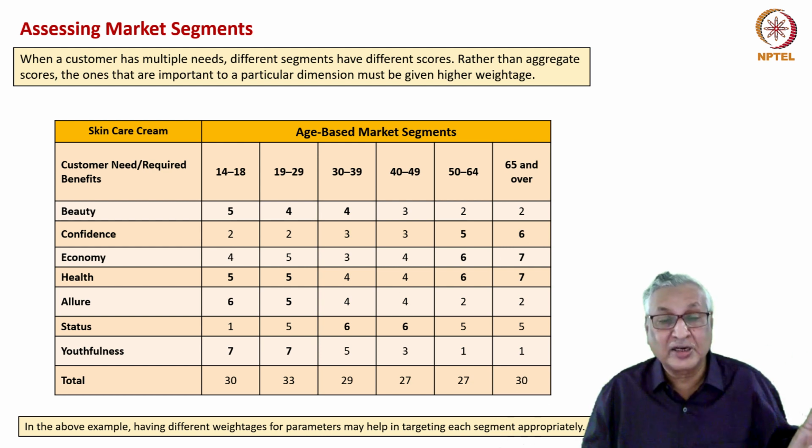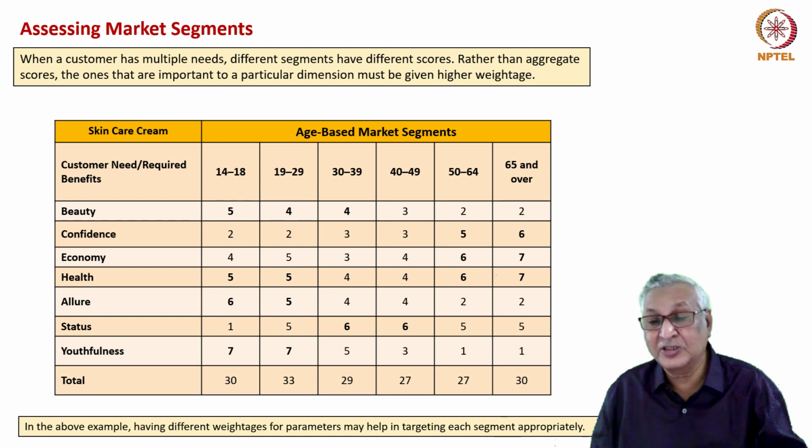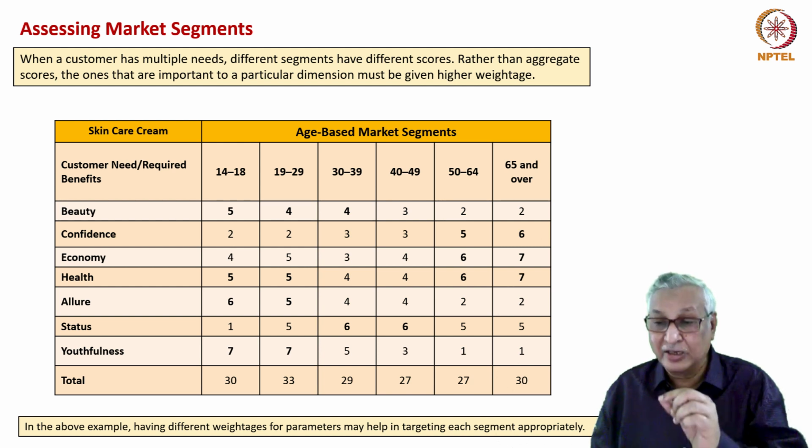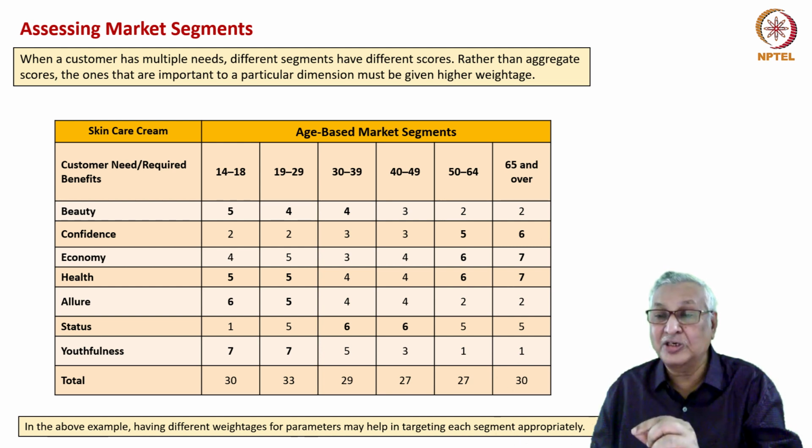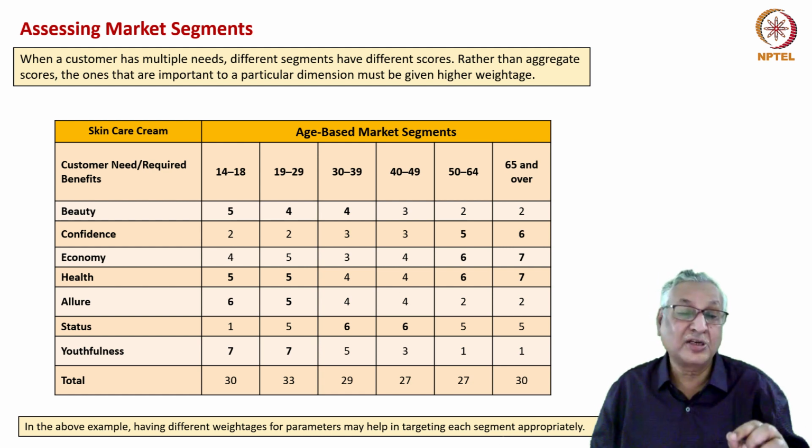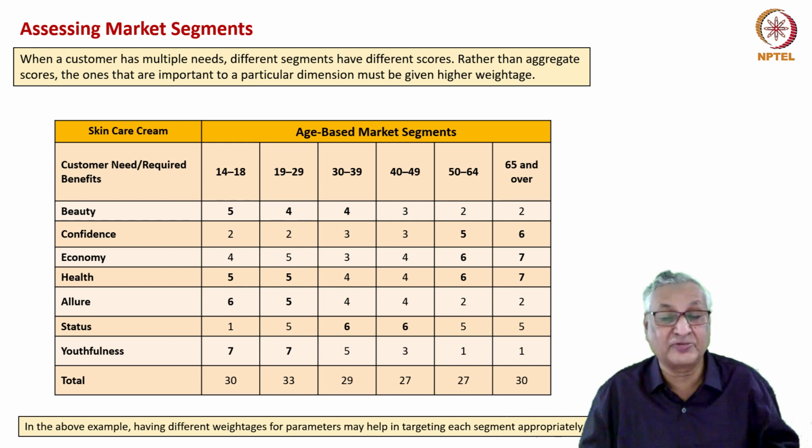Let's look at a Venusium moisturizer cream. It will have higher weightage in terms of its health position, that is keeping the skin less itchy and well moisturized in the age group of 65 and over, whereas it has only a score of 5 in the 14 to 18 group, because the skin is supple and capable of nourishing itself.